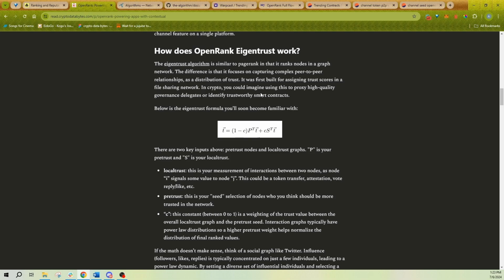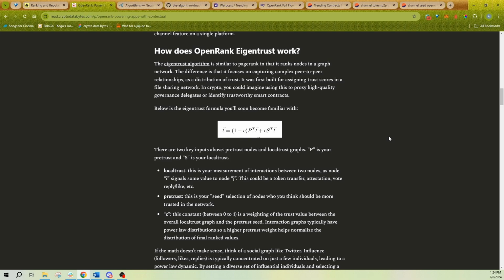EigenTrust is instead an approach where you want to rank the relationship of trust between peers. So instead of just saying this article linked to another article, in this case we're looking at peers in the network. A good example is something like Filecoin, where you want to say, how much do I trust this other node to be saving or sharing their files?